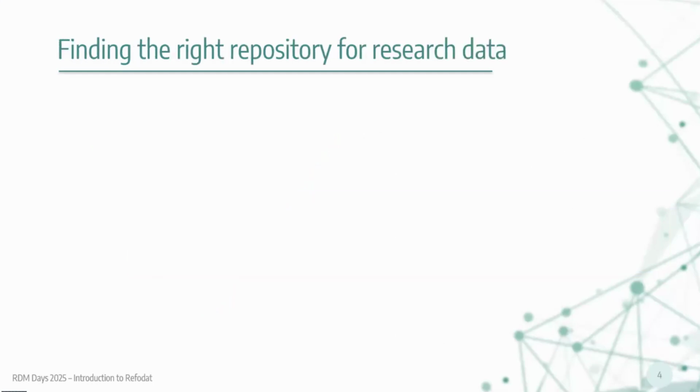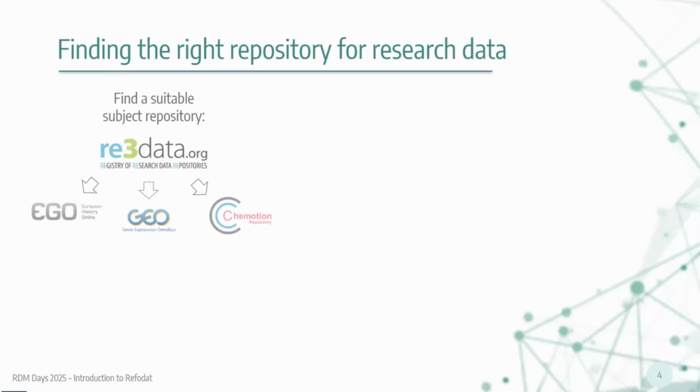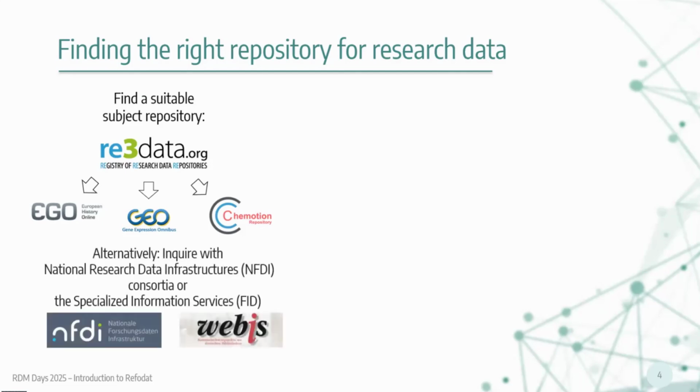Firstly, though, I want to talk a little bit about finding the right repository for your research data. As I've already mentioned, you can go to re3data.org, the registry of research data repositories, and they have a number of filter options where you can find repositories by content, subject, country, access options, all sorts of things, and just have a look whether you can find something for you.